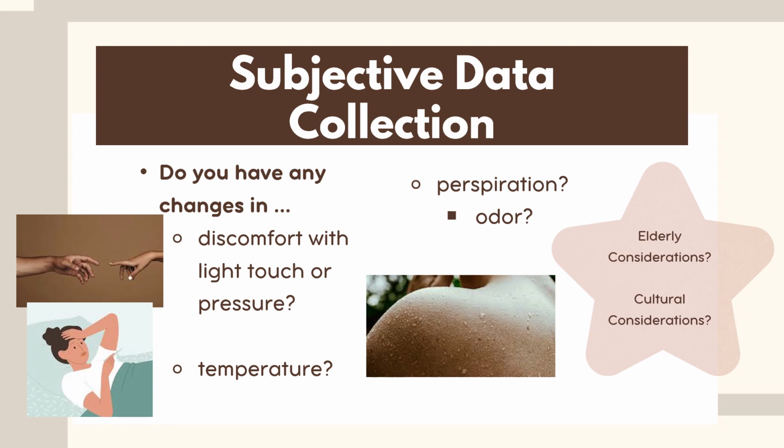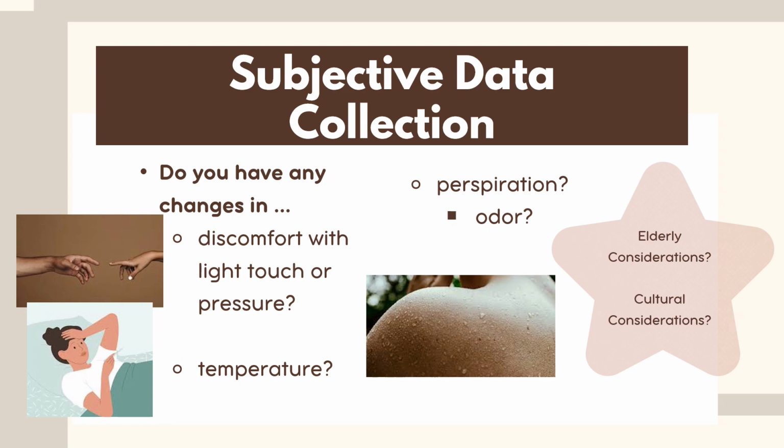Changes in sensation or temperature may indicate a vascular or neurological issue. For instance, an example is peripheral neuropathy. That is typically seen in our diabetic populations or someone that has an arterial occlusive disease. That can happen when they have a loss of sensation in their feet, or maybe a tingling, or even in their hands as well.